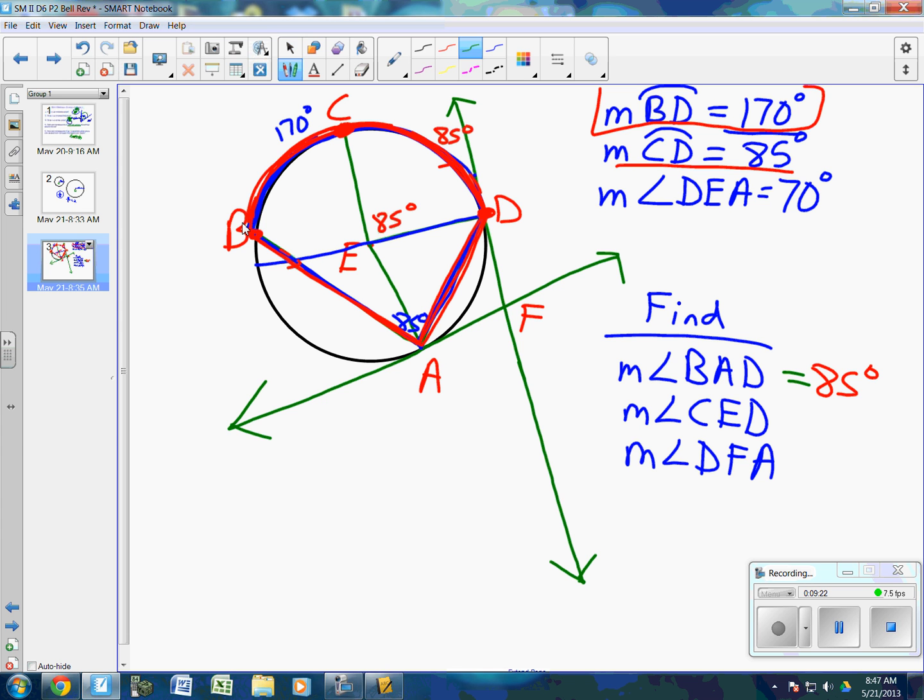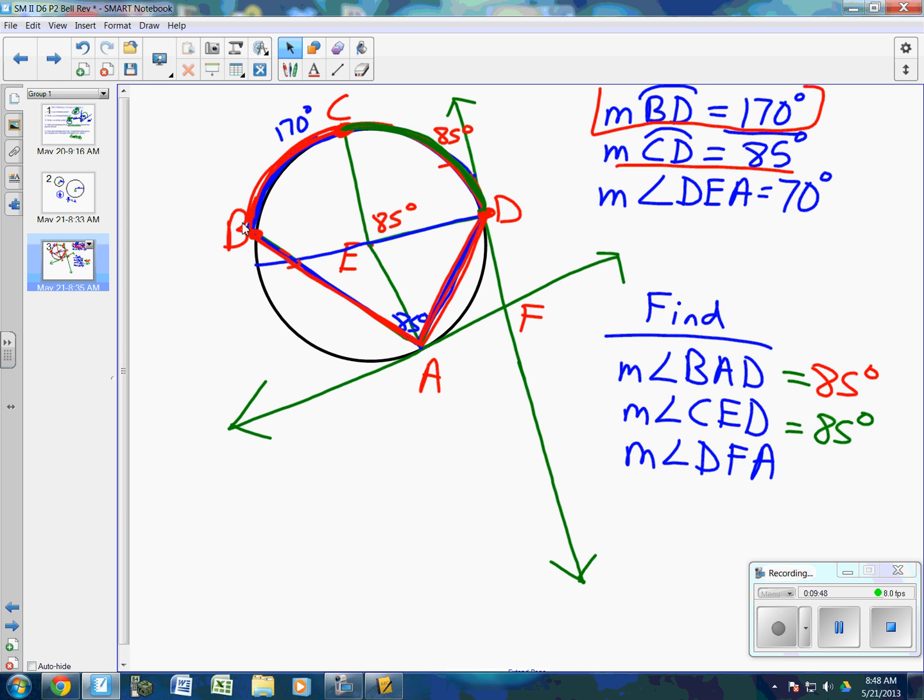So arc CD is the same measure. By the way, it's a coincidence that angle BAD and angle CED are the same, because I didn't mean to make it that way. I was just putting numbers up there. So angle CED is also 85 degrees.